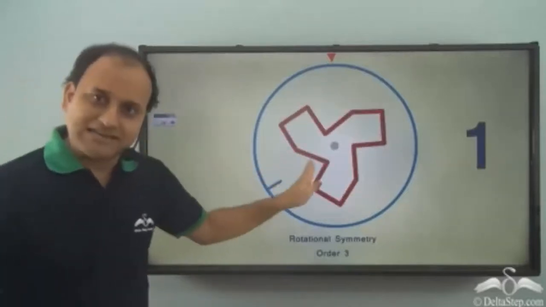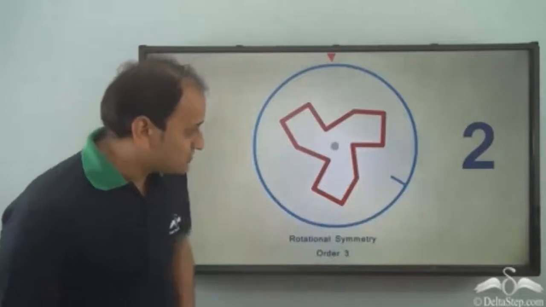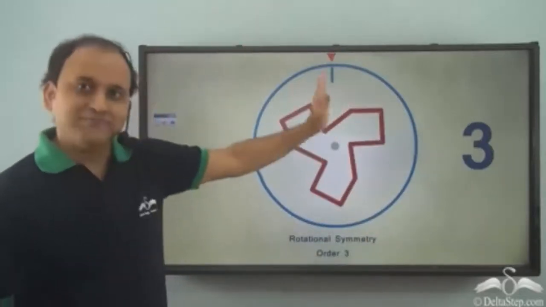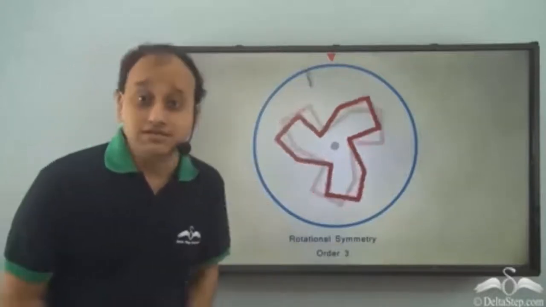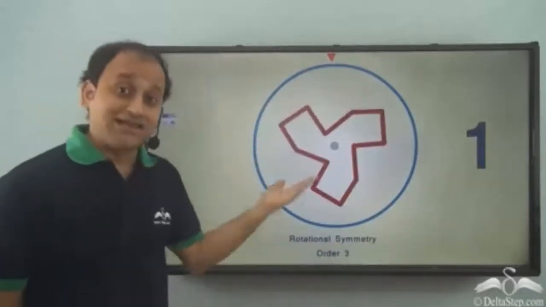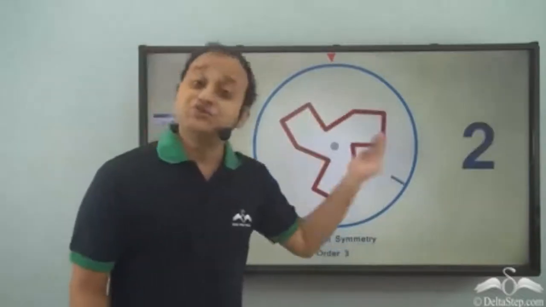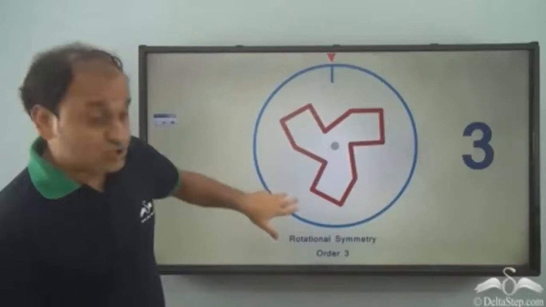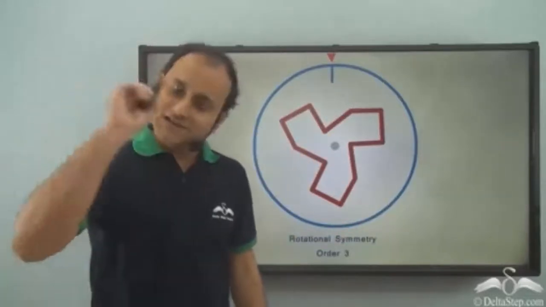Well, first time it has fitted into itself, again it fits into itself, and third time it fits into itself, and we have one complete turn. So what is the order in this case? In this case, order of rotational symmetry is 3, because 3 times it fits into itself before it completes one full turn.